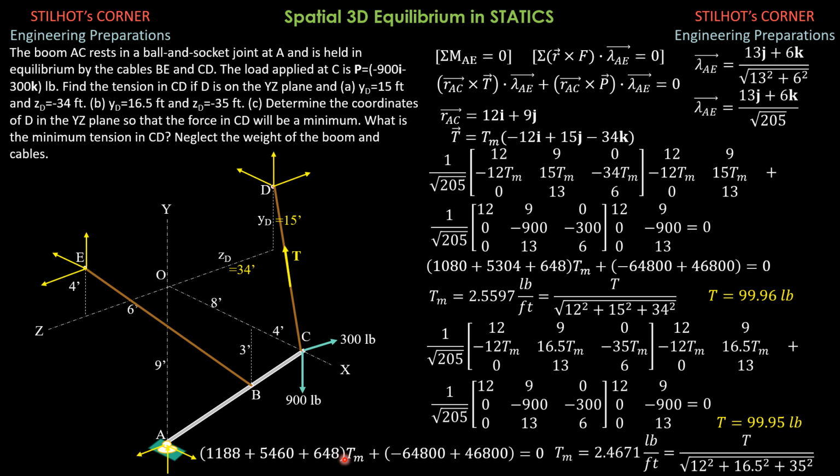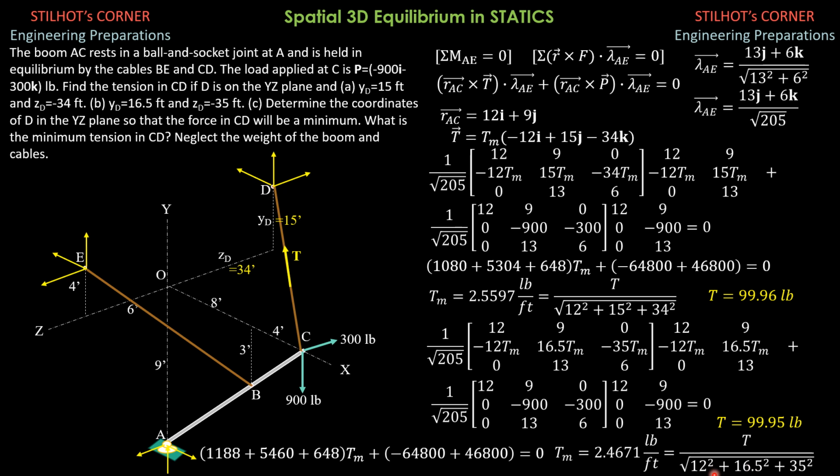And P sub n, same value as before for P, because we have the same equation, equate to 0. This time P sub n is 2.4671 pounds per foot, and this 2.4671 pounds per foot is equated to the magnitude of tension divided by direction.